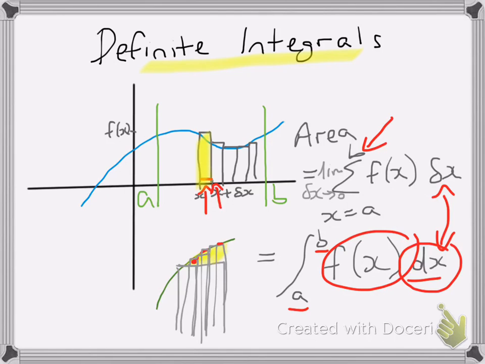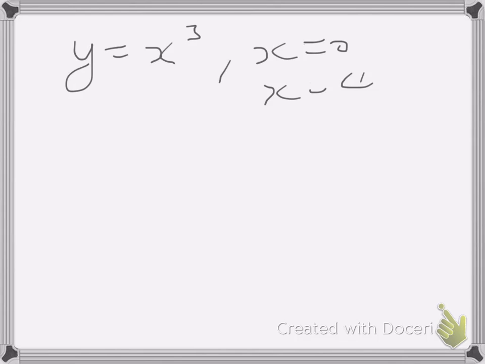So let me show an example of how a calculation looks. Let's say I wanted to find the area underneath y equals x cubed from x equals 0 to x equals 4. Now I just made that up randomly, right? So, not really randomly, but anyway.